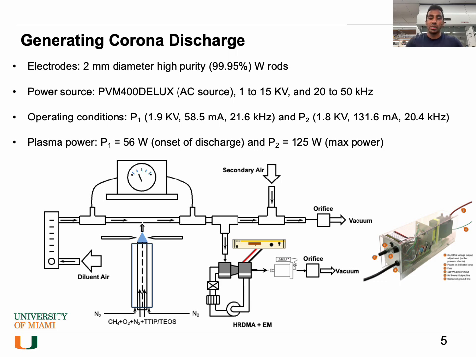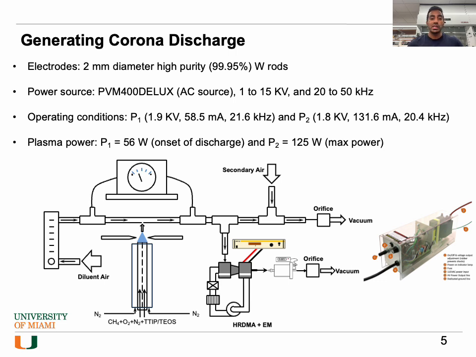Because they were using a DC power source, they were generating ionic wind, and this ionic wind was the main reason for most of the changes that were observed in such systems. But because we are using an AC power source, we are eliminating the ionic wind factor, and the effects that we see here are mainly due to the presence of charge carriers.